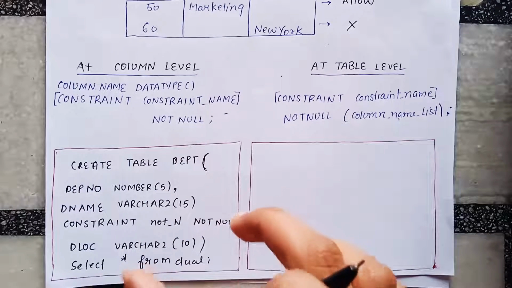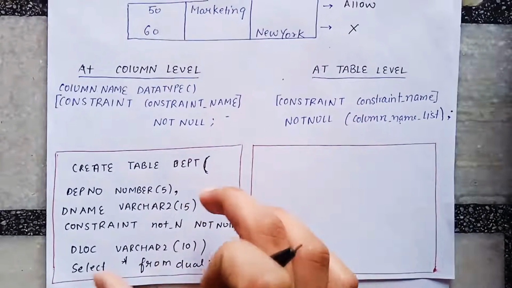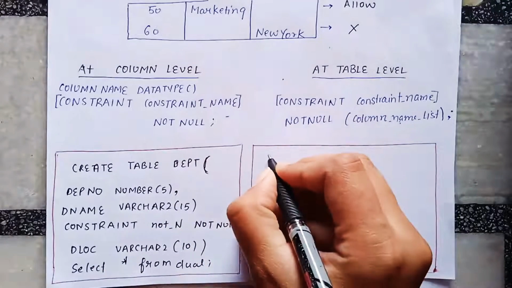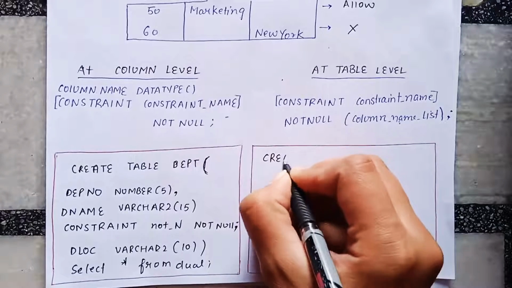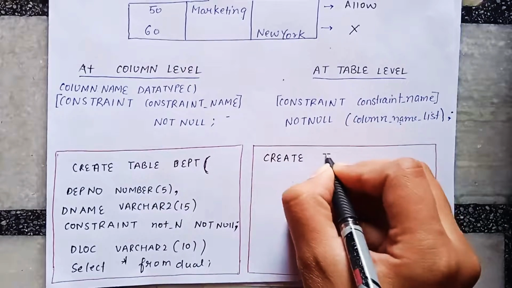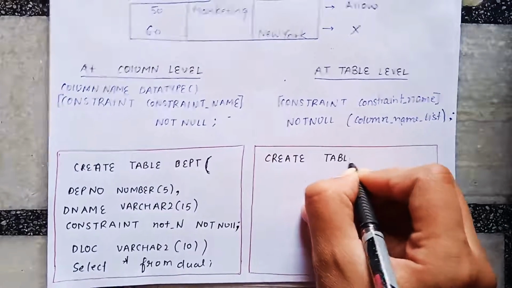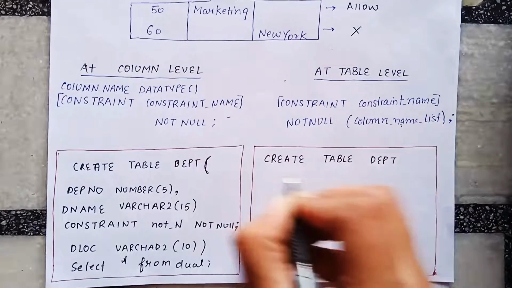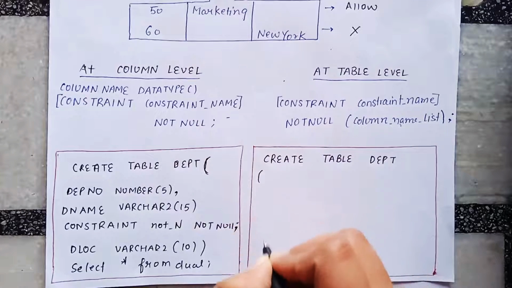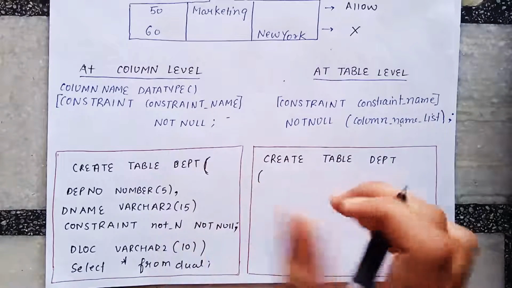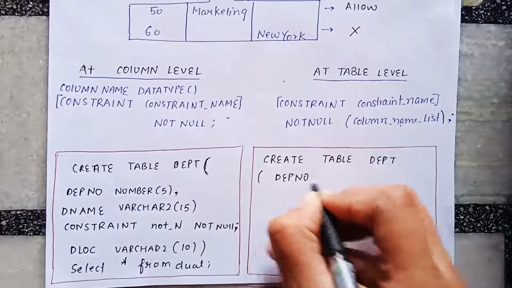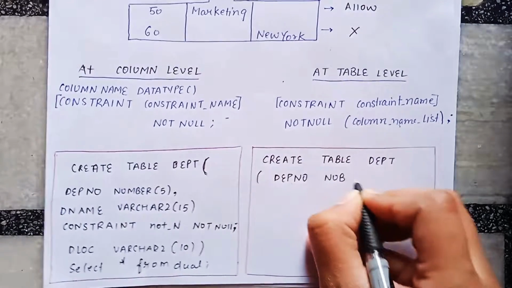In the same way, if we try to apply this constraint at table level, firstly we will simply create the table, create table depart. In this we will firstly specify all the columns. The first column is department number, it is of number type.